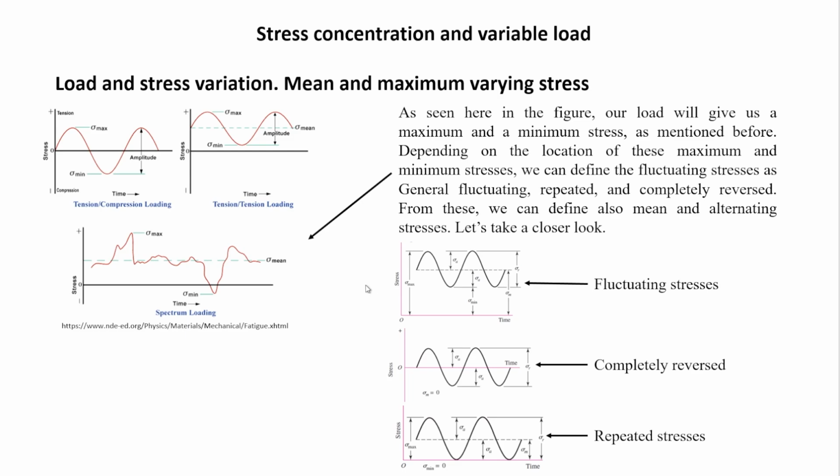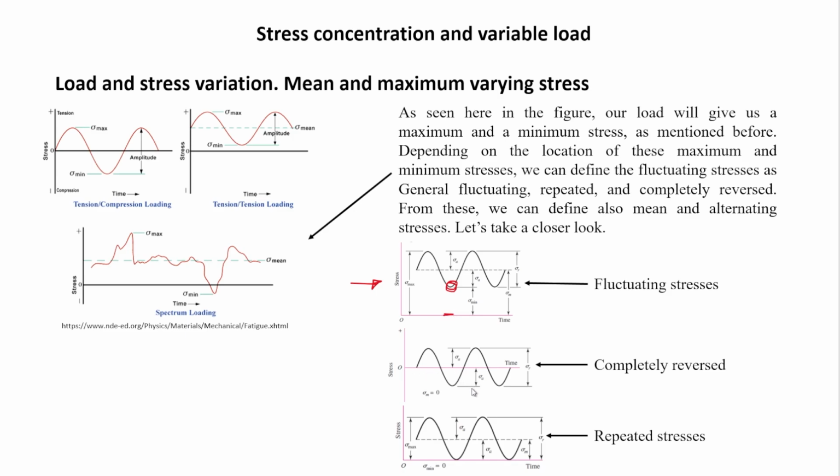Let's focus first on these ones. If the variating load doesn't touch the zero line of this Cartesian system measuring stress versus time, then I'm going to call it fluctuating stresses or fluctuating load. It's the same load; the only thing is that the minimum of the curves doesn't touch the zero line here.